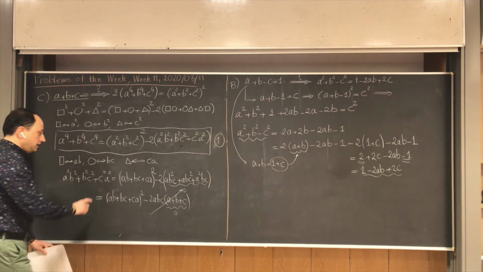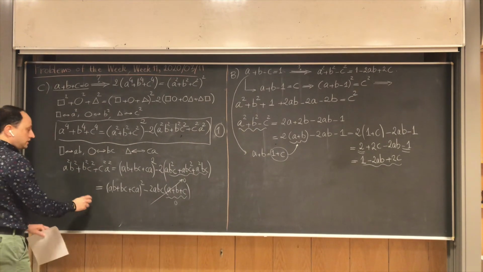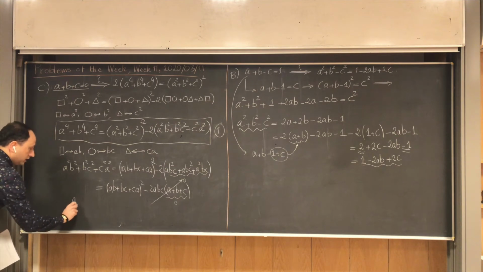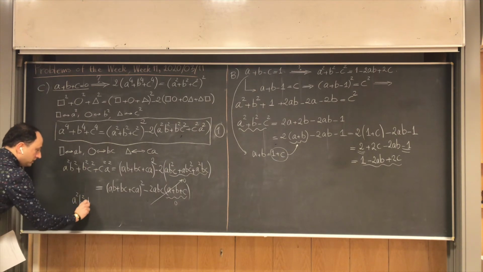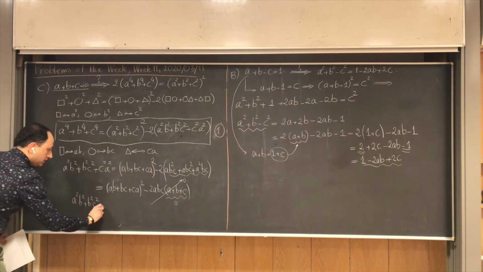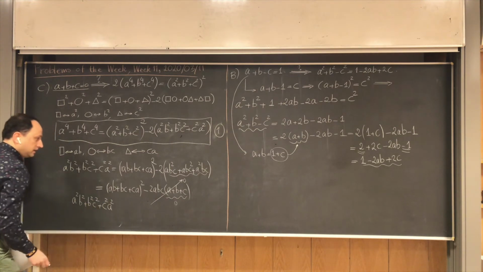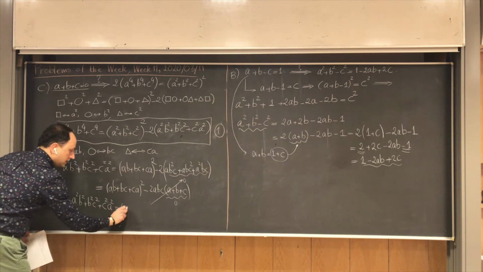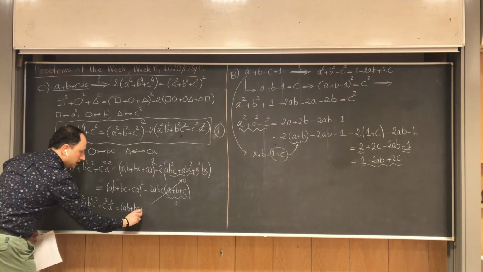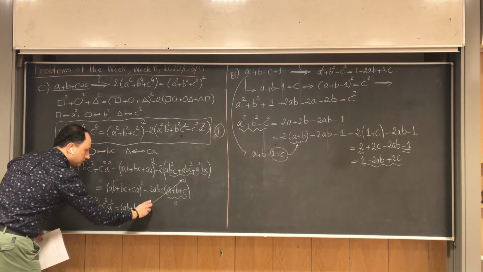So let me write what I got here. So you see this expression, a squared b squared plus b squared c squared plus c squared a squared is equal in this case ab plus bc plus ca to the 2.